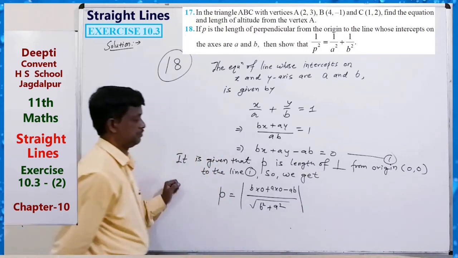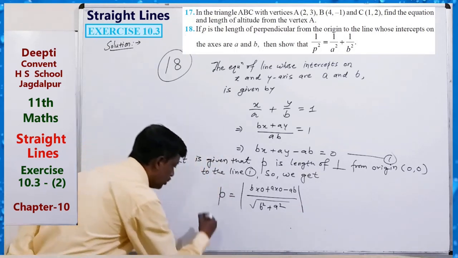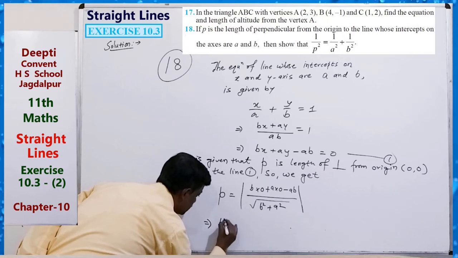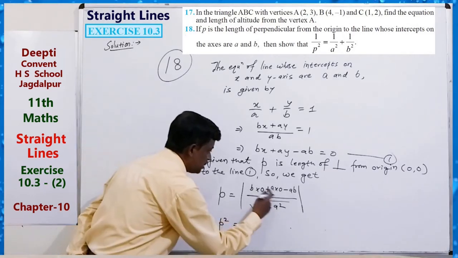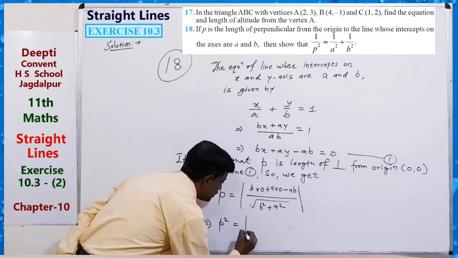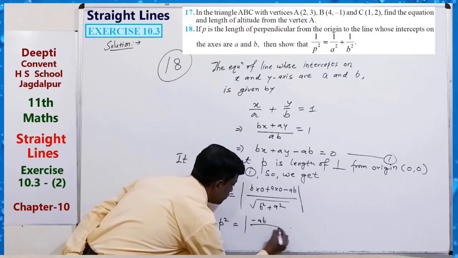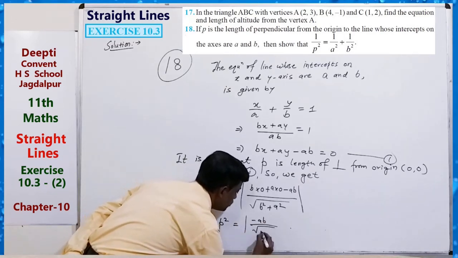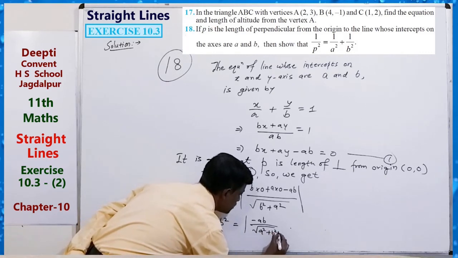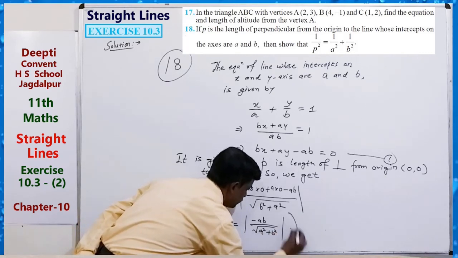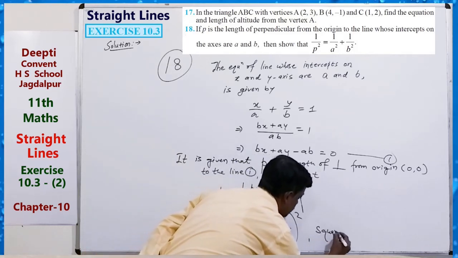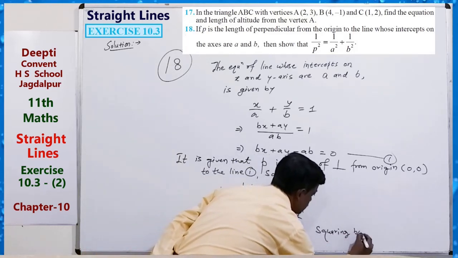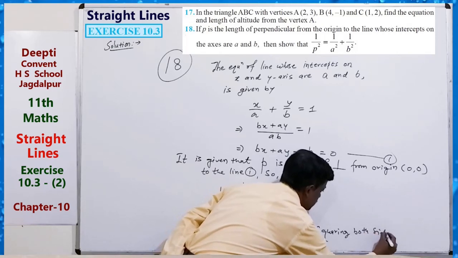Okay, now taking the square on both sides. So we get minus ab upon root a square plus b square, squaring both sides.